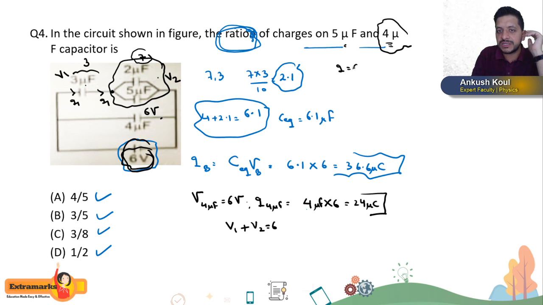Q is equal to CV. That means C1 by C2 will be same as what? V2 by V1. So I know one is 3, another is 7.